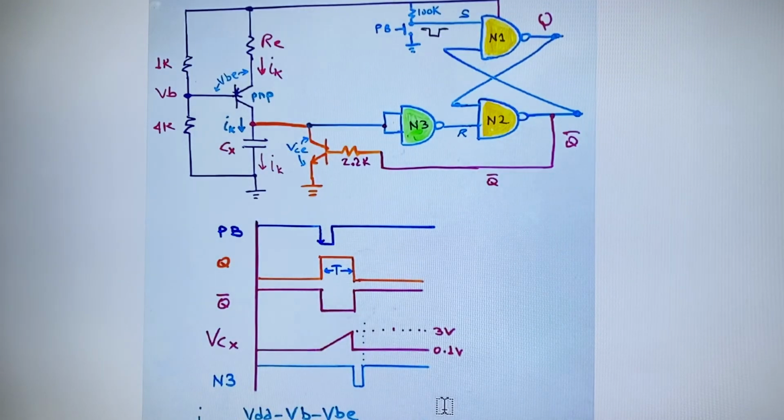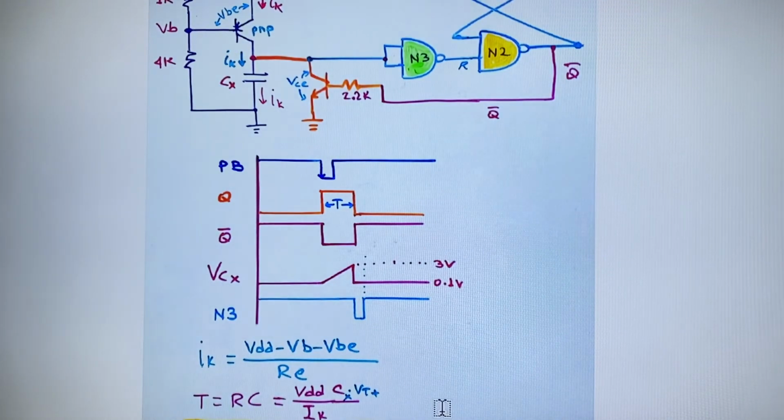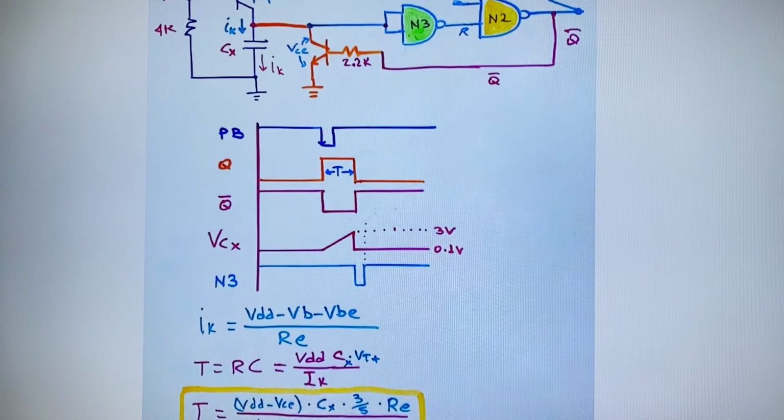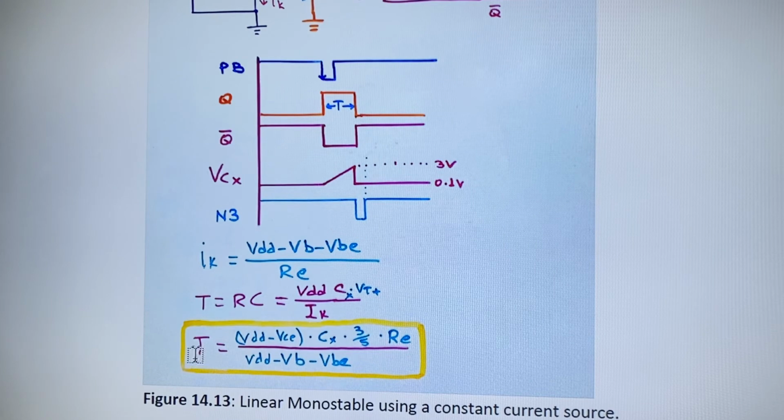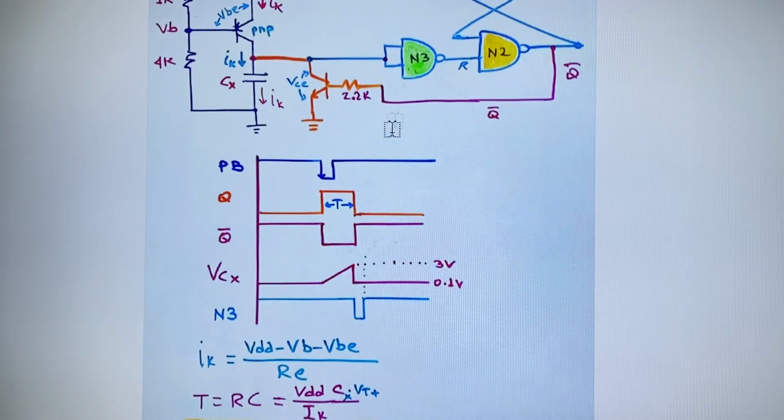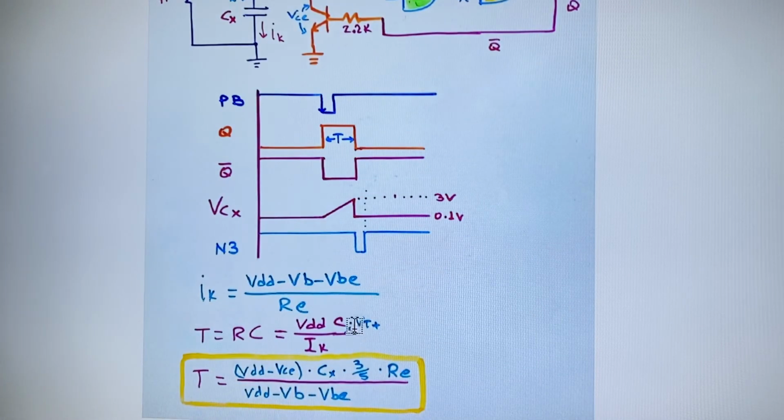And anyway, the equation for the charging is this: the constant current is equal to VDD minus VB minus the base-emitter voltage, divided by RE. And time is equal to RC, so we know R is equal to the power source divided by the constant current, times CX, times VT plus. VT plus is the threshold voltage for the NAND gate, because that will be the maximum the capacitor will reach.